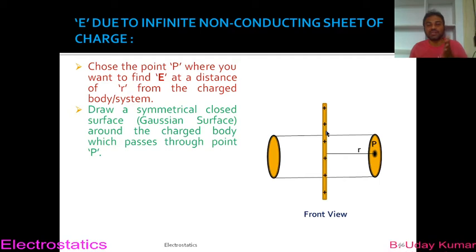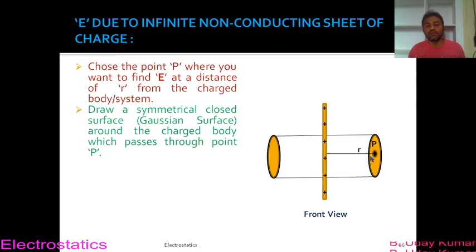If the cylinder is vertical, the curved surface will be like this, so if you see that cylinder from the system of charge, it will not be symmetrical. Whereas if the cylinder is taken horizontally, it satisfies the condition of a symmetrical Gaussian surface.